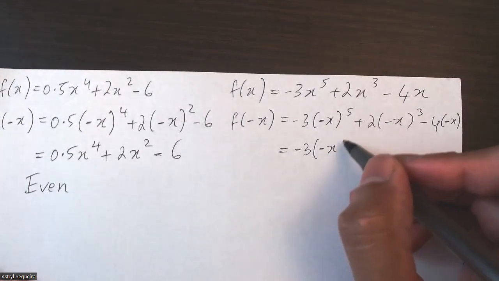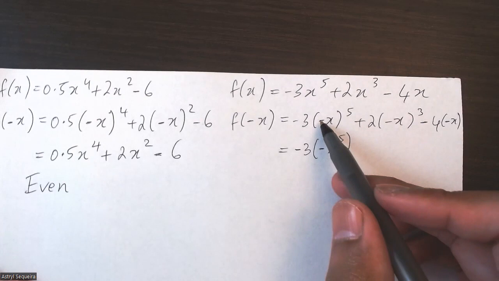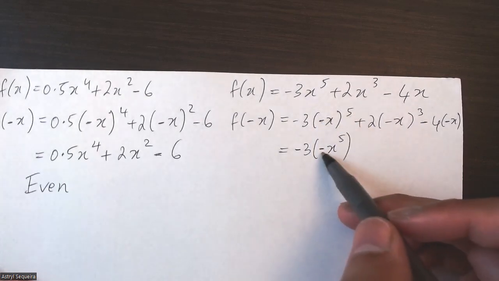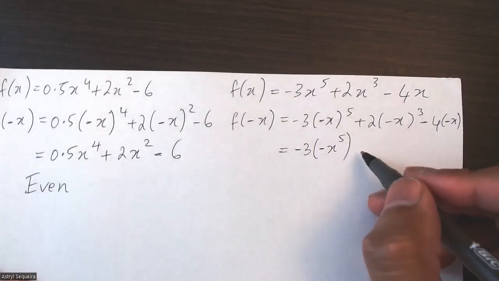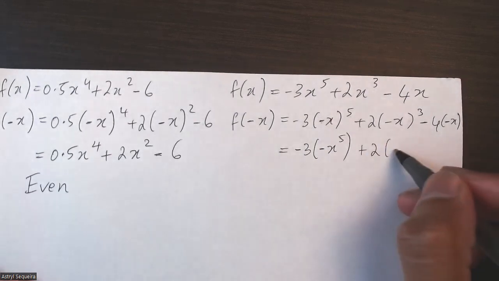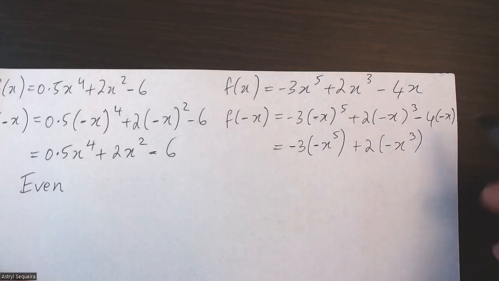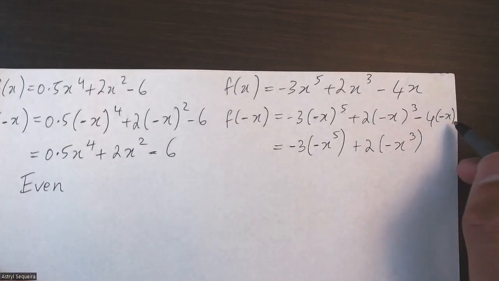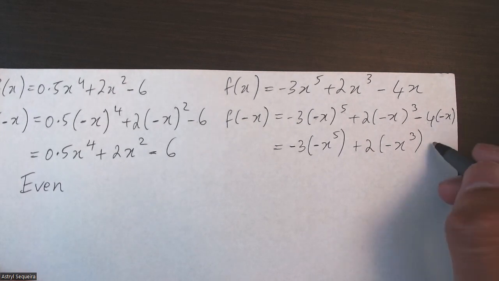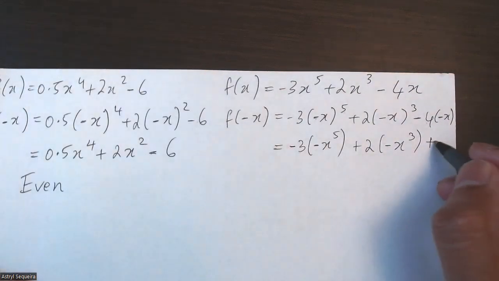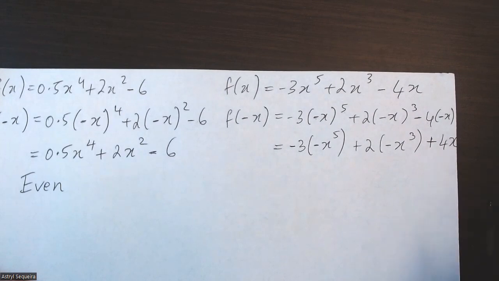This is just negative x to the power of 5. The negative stays because negative to an odd exponent stays negative. Same thing here. This stays negative because negative to an odd exponent stays negative, and negative 4 times negative x is going to be positive 4x. Negative times negative is positive.